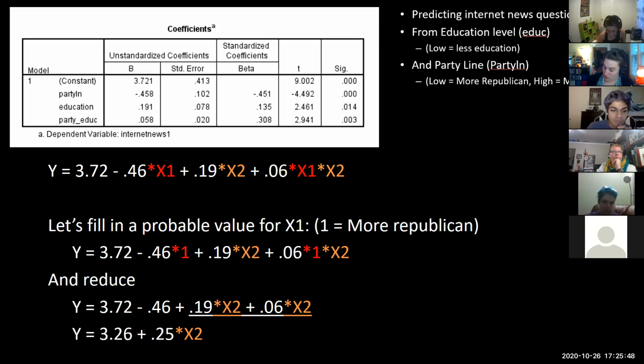Whenever there's an interaction in the model, remember you can only interpret each main effect, like this education and this party line, at the 0 value of the other, because of exactly how this changes when you sub in more information about what your x1 is.